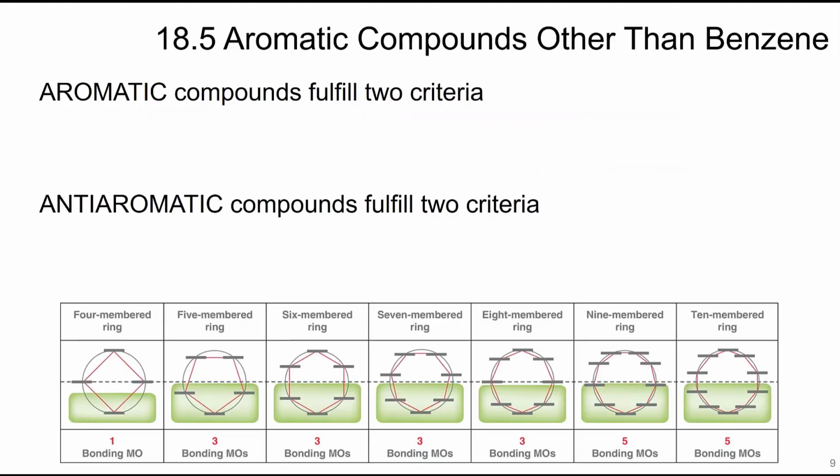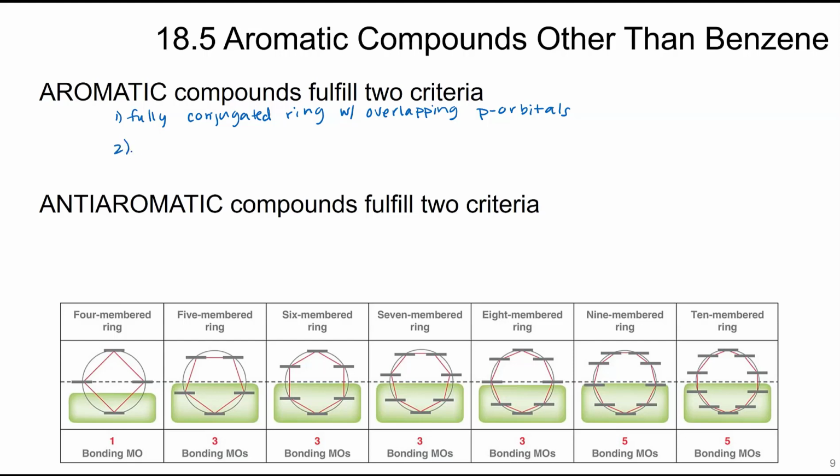In order to have an aromatic compound, we must fulfill 2 criteria. The first is that it must have a fully conjugated ring with overlapping p orbitals. Such as in benzene, all of those are sp2 carbons, pi orbitals, which line up and they overlap.